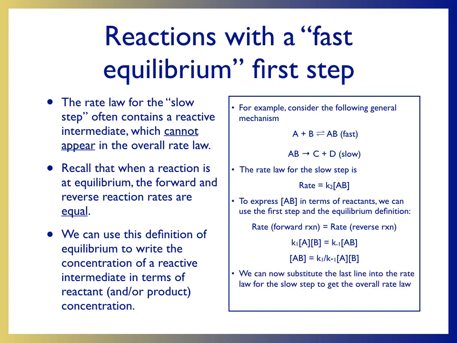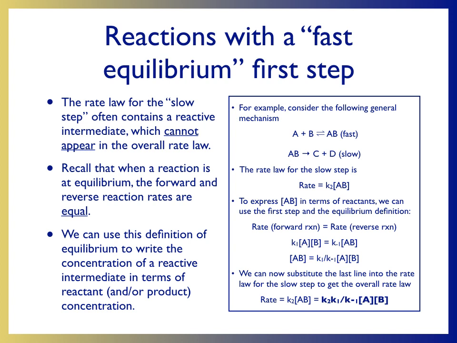We now take this expression and substitute it into the rate law for the slow step. This gives us that the rate is equal to K2 times K1 over K minus 1 times the concentration of A times the concentration of B.